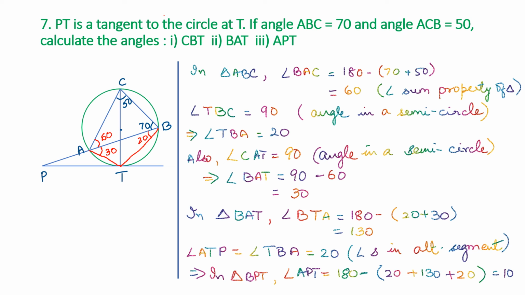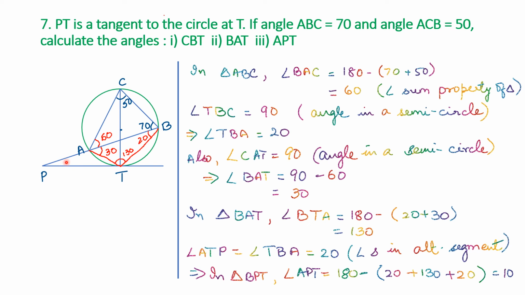Now, also remember that AB is not the diameter, but I have angles for triangle ABT. In this triangle BAT, because I know 30 and 20, this third angle is going to be equal to 130. This is 130 by angle sum property. Now I have been asked what is angle APT.